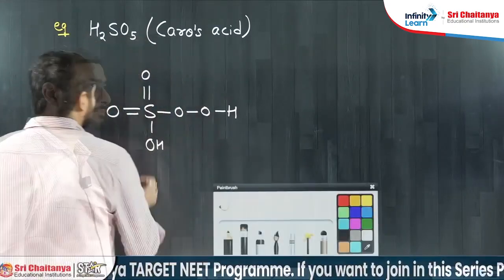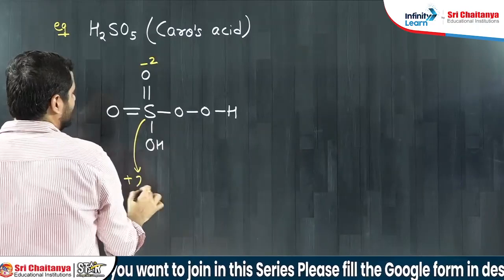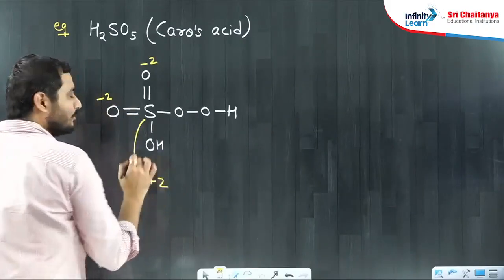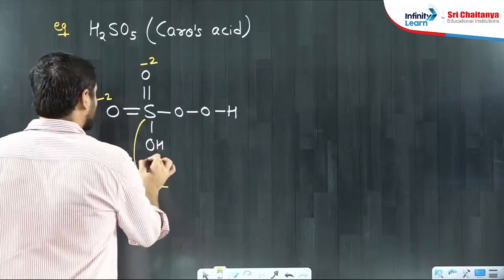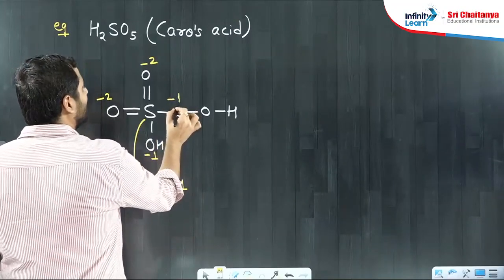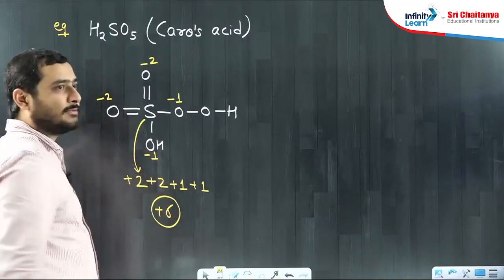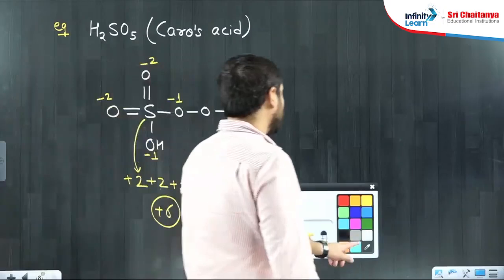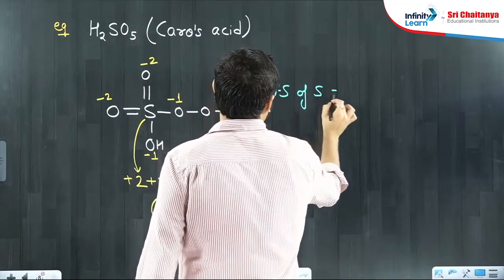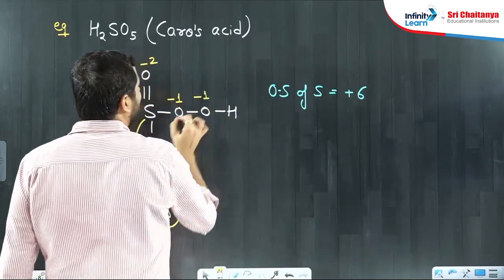Double bond -2 +2, again double bond -2 +2, here oxygen single bond -1 +1, again single bond -1 +1. So what do we get here? +6. So the oxidation state of sulfur here is +6. Now remember, this oxygen is also -1.